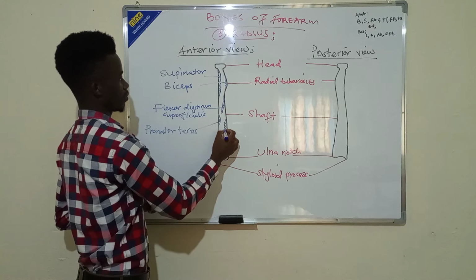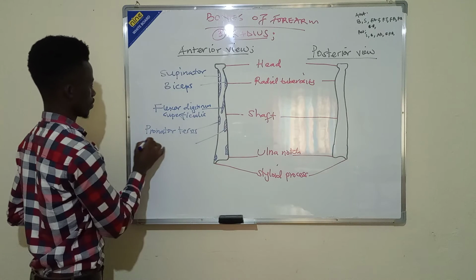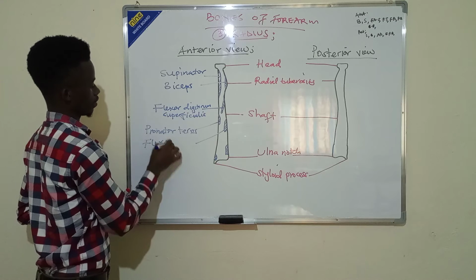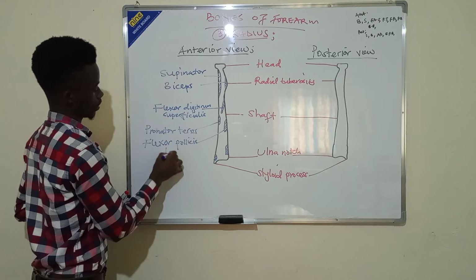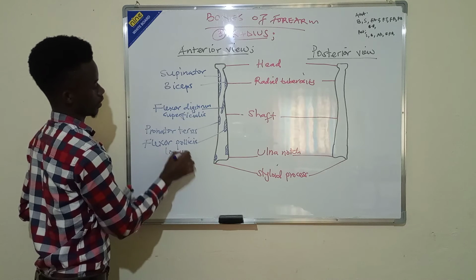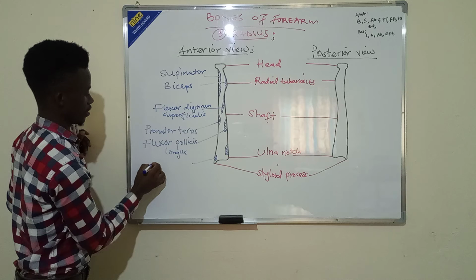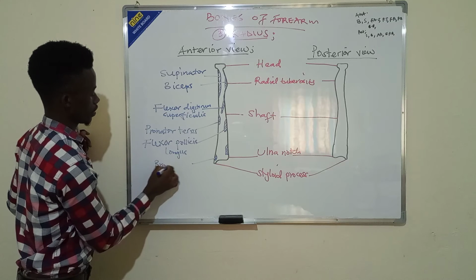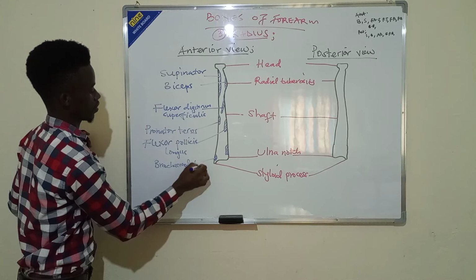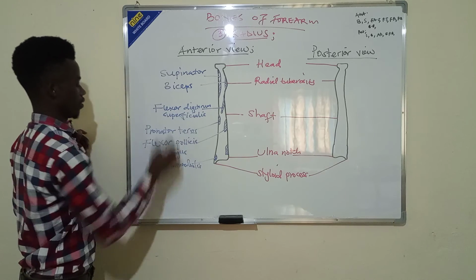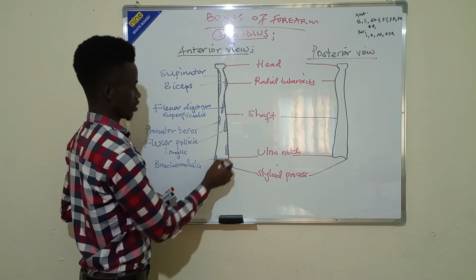Then here below the pronator, we have the flexor pollicis longus, over there. Then we have this, which makes an insertion here. This is brachioradialis, which makes its insertion over there, all the way from the humerus, inserting on that point.